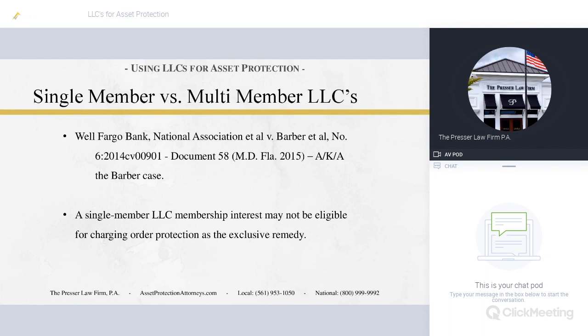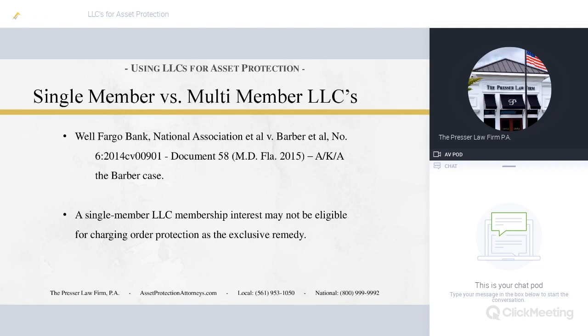So if I'm the single member owner of an LLC and I'm in a state where charging order is the exclusive remedy of a creditor where LLCs are concerned, then I'm in good shape because my creditor cannot take anything from me. He can't take my interest in the company. He can't even look at the books of the company.